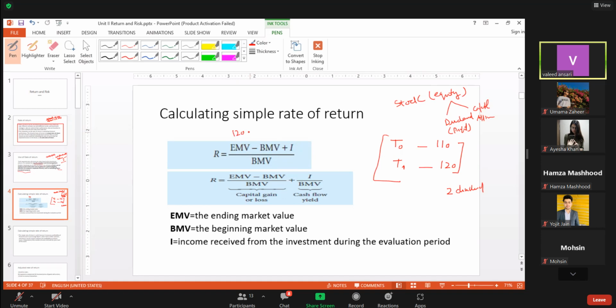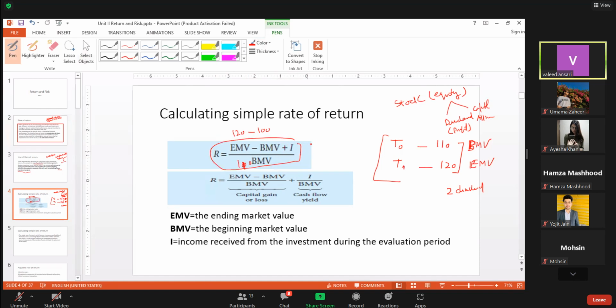That is the prevailing price minus the beginning market value, BMV, which is this. This is the ending market value, EMV, and this is the beginning market value, BMV. Divided by this 110, this will provide us how much capital gain we have received.